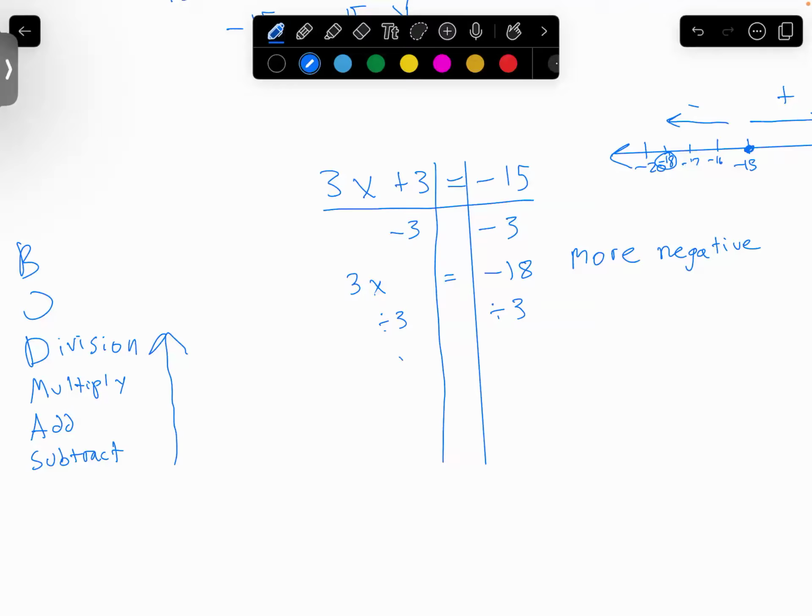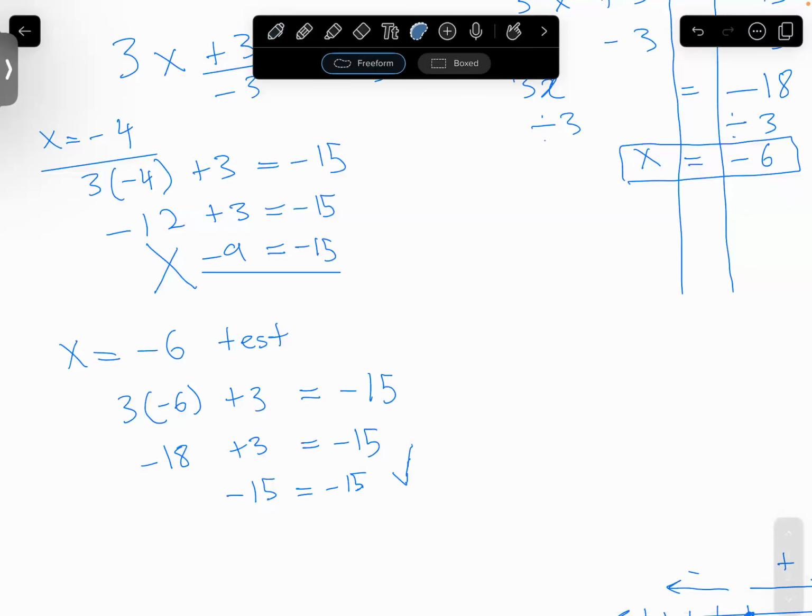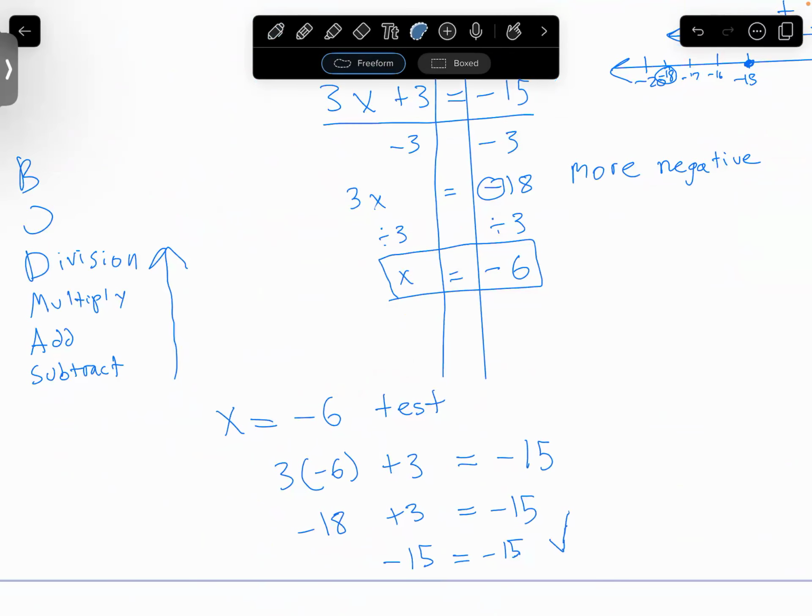So this would be x is equal to negative 6. This is our solution. And if we wanted to test it, we could see here that they are both equal to negative 15.